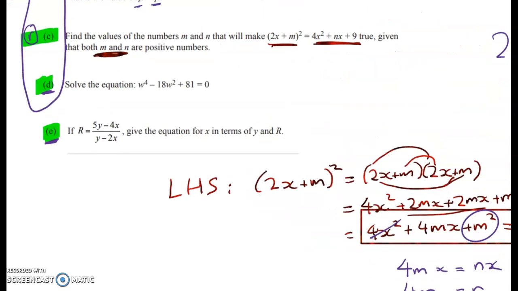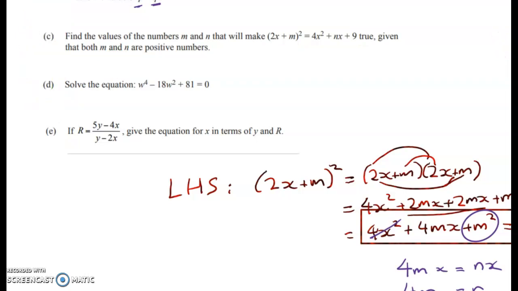All right, what's next? Okay, this next one looks really, really awful, right? But you know that at level 1, you've only learned how to do quadratic equations. So what you've got here is this equation, which is a quartic, right? It's got w to the power of 4. But if we look at what's going on, we can easily change this into a quadratic. And we're going to do it as follows.